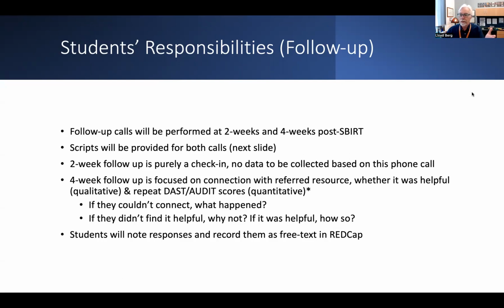For those that do pick up, I think it'd be gratifying for the medical students to see that people have made some changes and are sustaining those. So totally, I could not agree more.